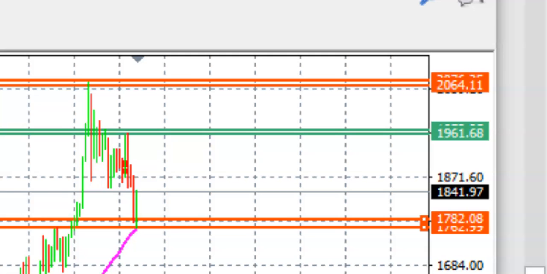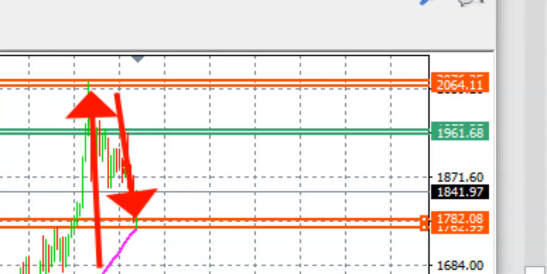The price was trading well away from its 50-day simple moving average, trading right over here, but then the price came all the way back towards its 50-week moving average.